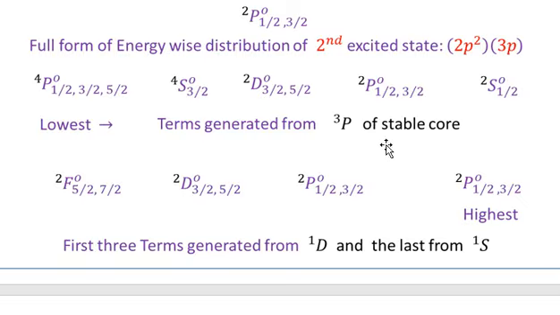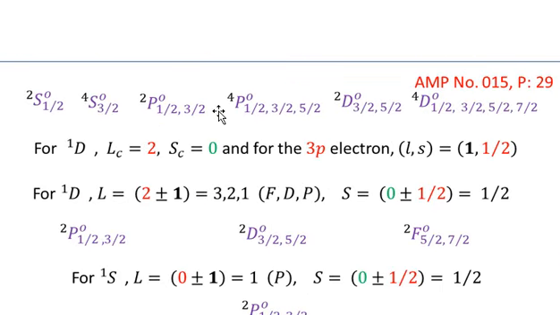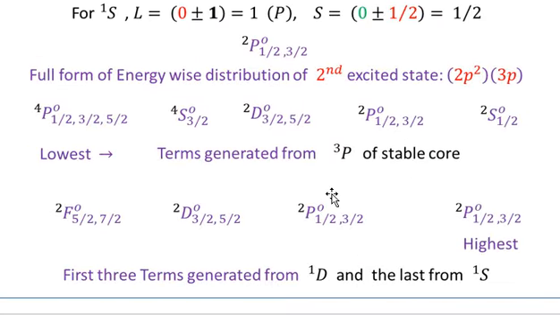First of all, I shall write down the terms obtained using 3p, because this 3p has the highest multiplicity. So first of all, I shall arrange those terms, which are written over here, and these terms in energy-wise distribution will be written over here. For example, this 4P, then 4S, then the 2D, then 2D, then 2S.